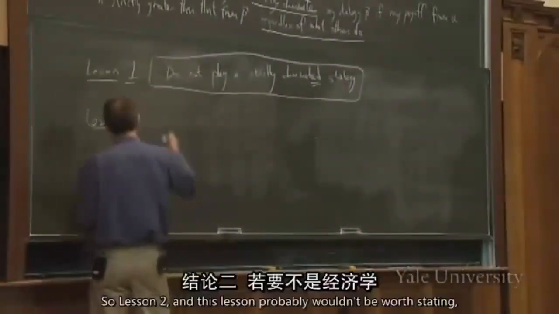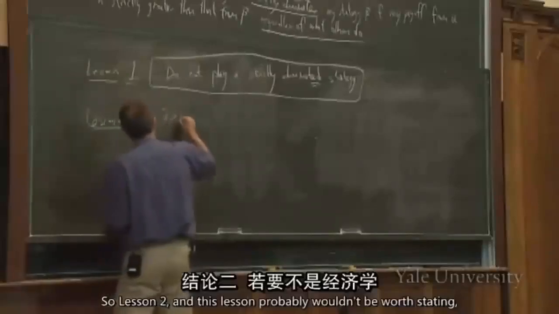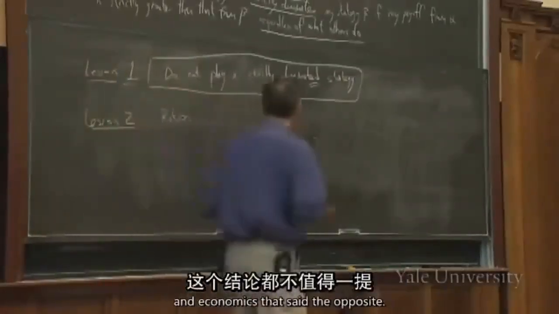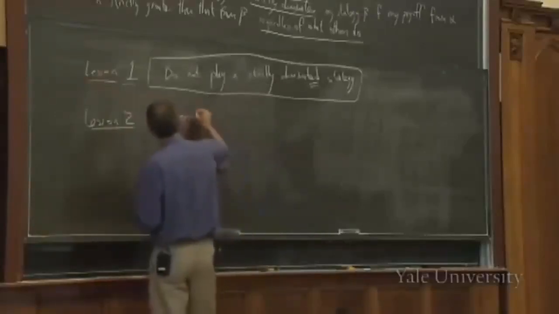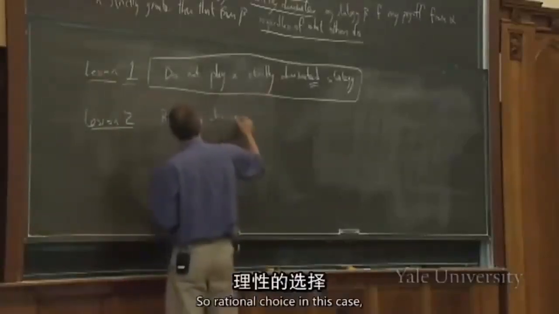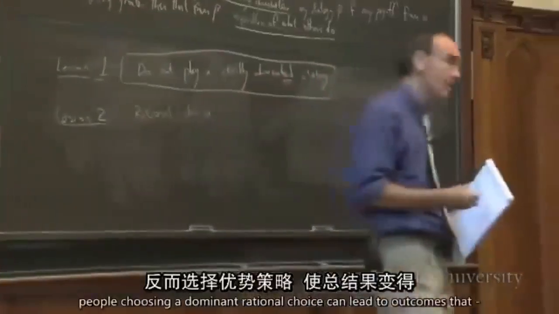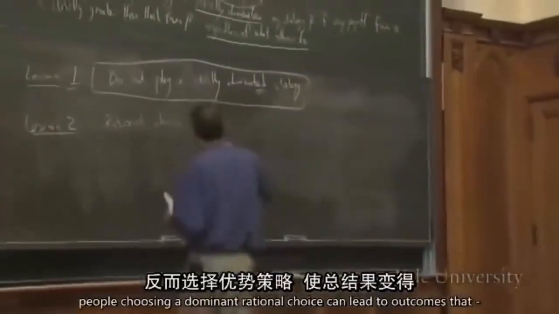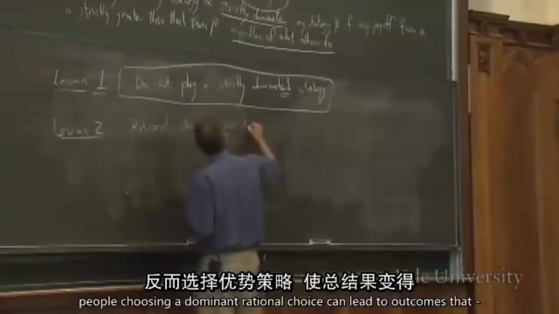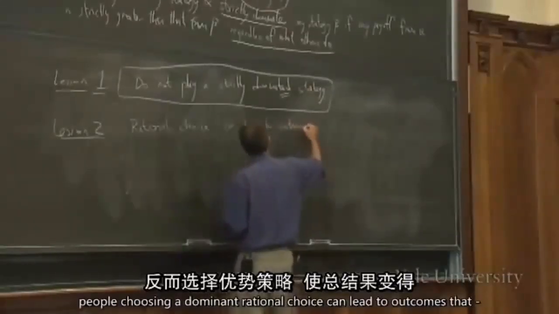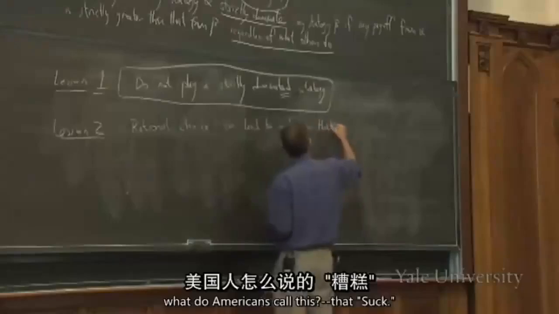So lesson 2, and this lesson probably wouldn't be worth stating if it wasn't for a century of thought in economics that said the opposite. So rational choice, in this case, people not choosing a dominated strategy, people choosing a dominant strategy, rational choice can lead to outcomes that, what do Americans call this, that suck.